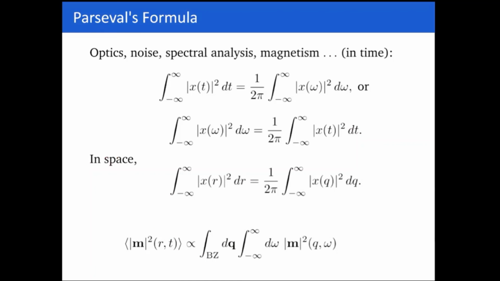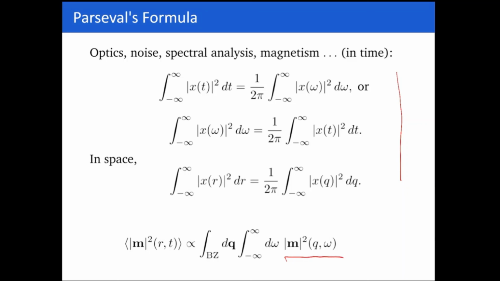We can use the Parseval formula applied to this case. This is something that comes from optics, and it means that if you integrate over the whole of your power spectrum of the fluctuations that you're looking at, so we're looking at magnetization fluctuations, and when we're doing our quantum magnetism, then our power spectrum actually is a spectrum as a function of q and omega, which you see here.